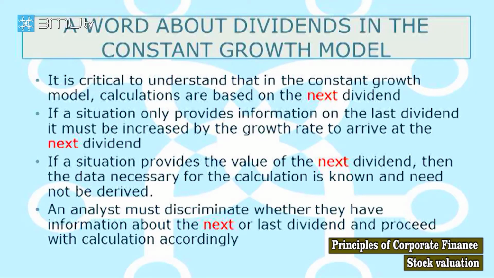If a situation provides the value of the next dividend, then the data necessary for the calculation is known and need not be derived. We have D1, we just divide it by R minus g. An analyst must discriminate whether they have information about the next or last dividend and proceed with calculations accordingly. It's important, as I said, to pay attention to whether it is the just paid dividend, last year's, or next year's dividend.